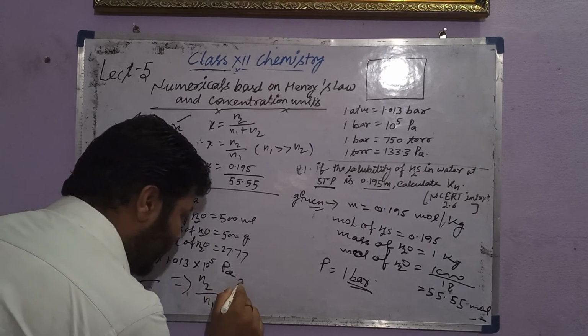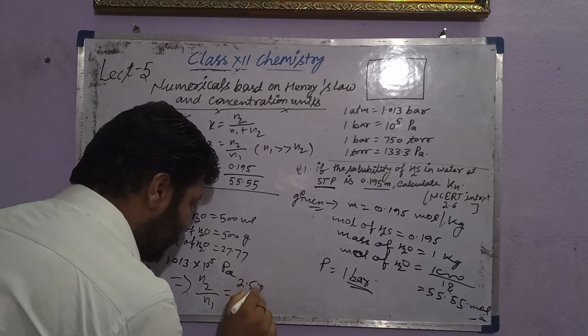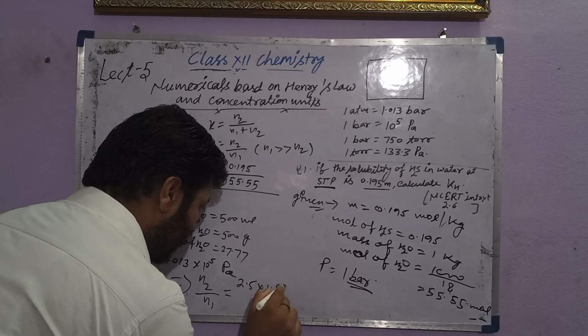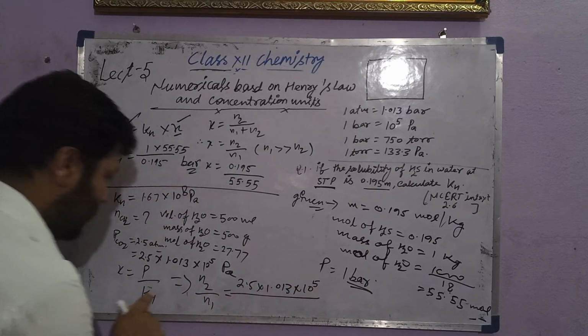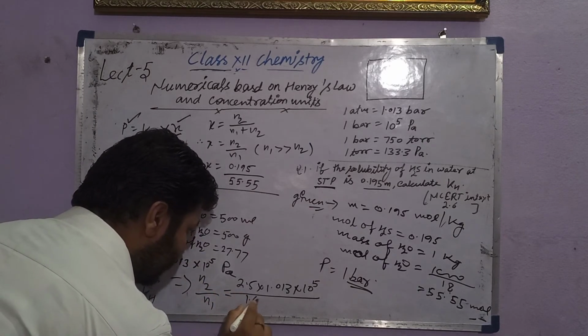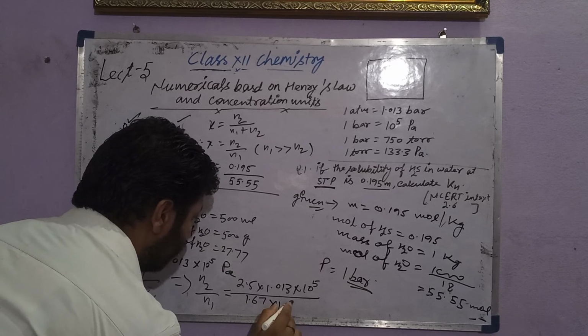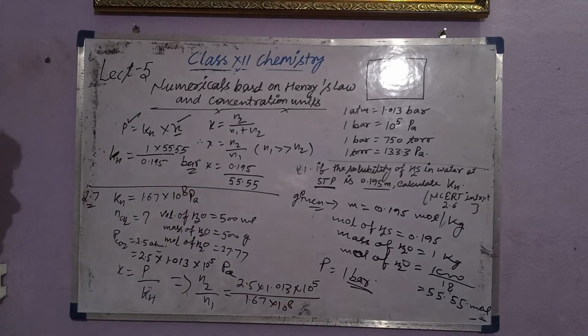P equals 2.5 into 1.013 into 10 to the power 5, upon the KH value, which is given as 1.67 into 10 to the power 8.